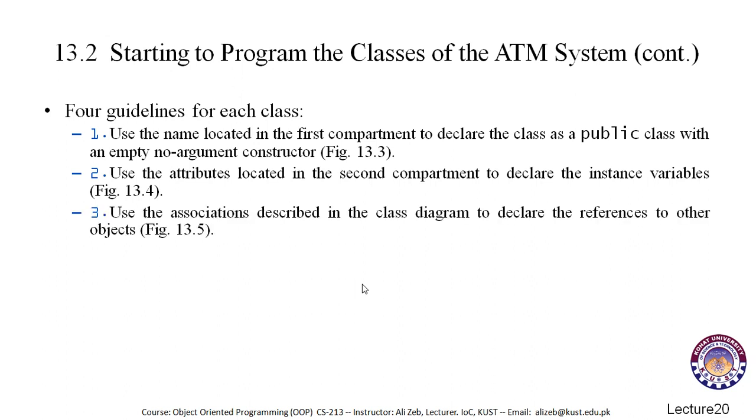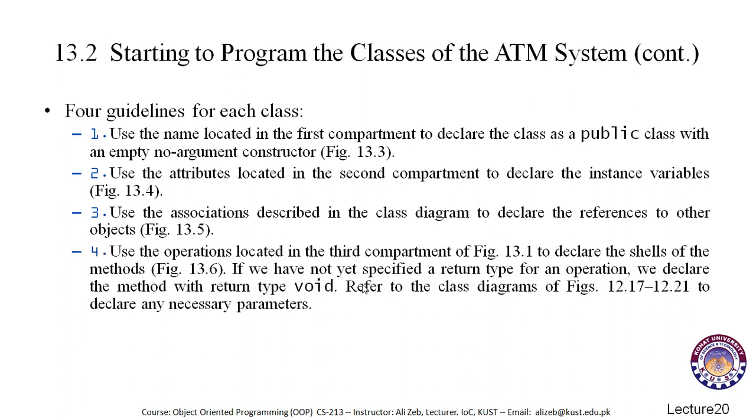Use the associations described in the class diagrams to declare the references to other objects. Use the operations located in the third compartment to declare the shells of the methods. If we have not yet specified a return type for an operation, we declare the method with return type void. Refer to the class diagrams to declare any necessary parameters.